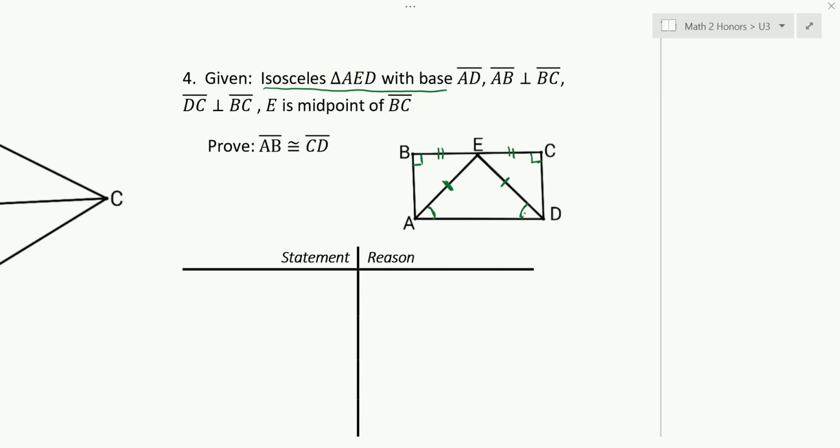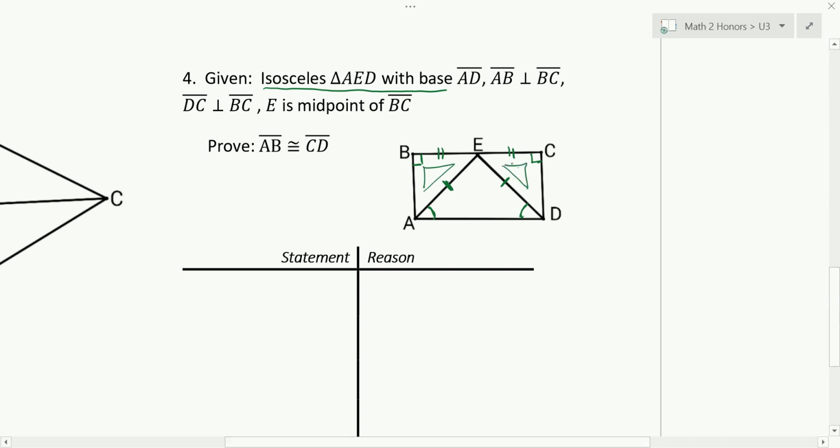So we wanted to get these triangles congruent. Don, do you see why any two triangles in here might be congruent? Hypotenuse leg. And which two triangles are we looking at? Okay, these two. Good. By hypotenuse leg.